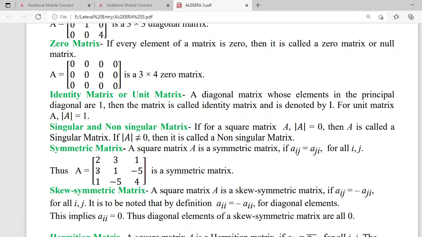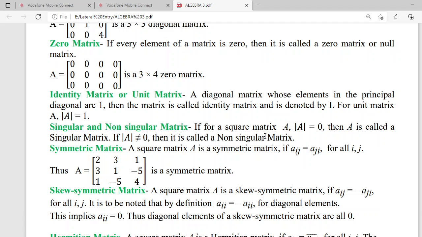Matrix is a different thing. Matrix is just an arrangement of elements, but for a determinant we have to find some value. So it may be a real number or it may be a complex number. We can compute the values. For a rectangular matrix we cannot find a determinant, but for a square matrix we can find the determinant.